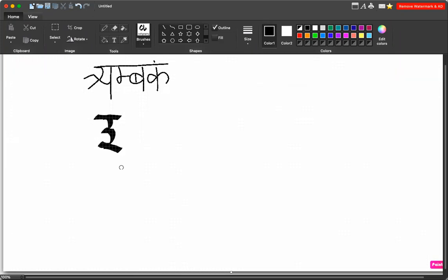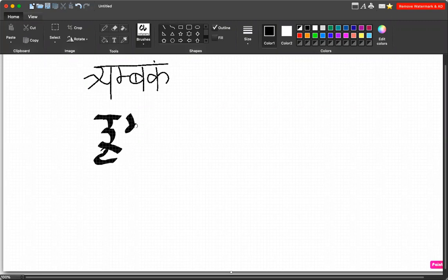This is the conjunct tra, and then here, sorry, just one minute, I'll write it. So this is your conjunct. Then ya could either be placed here like this, because tra in itself is a conjunct letter.